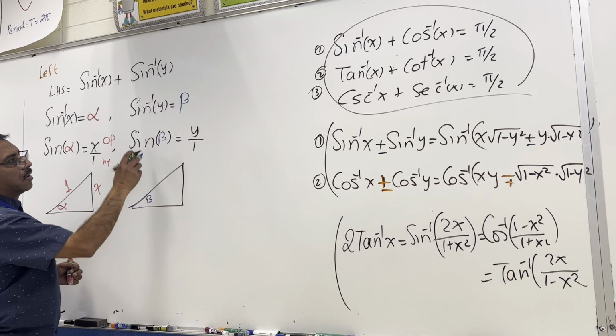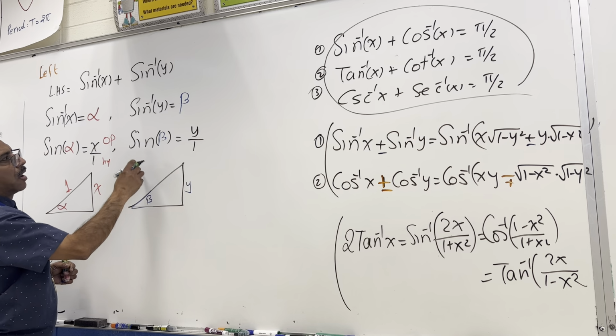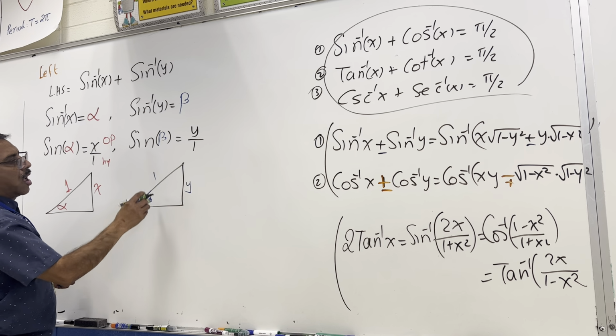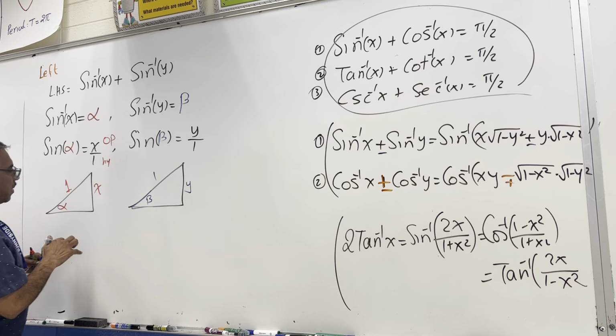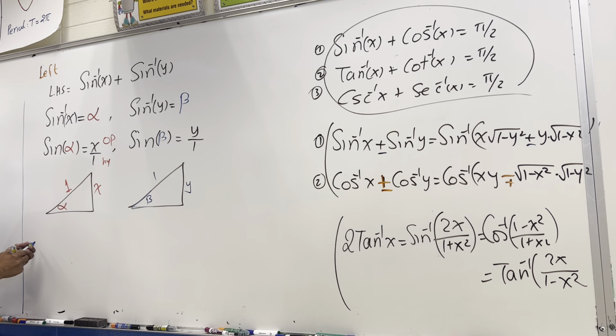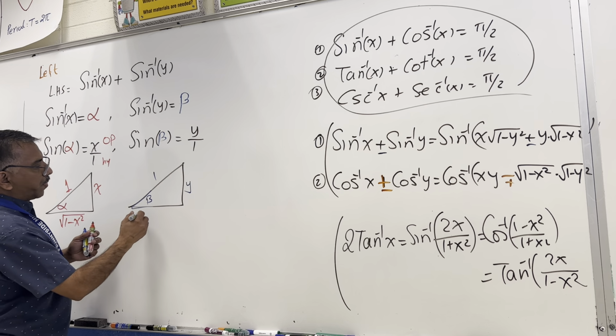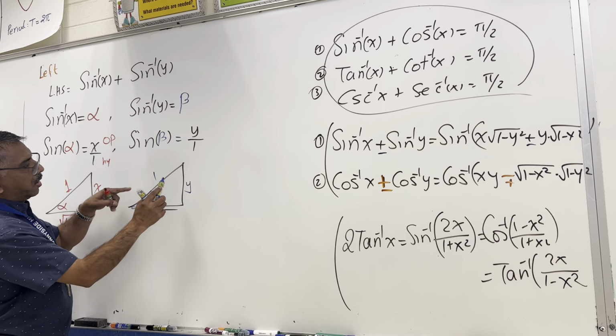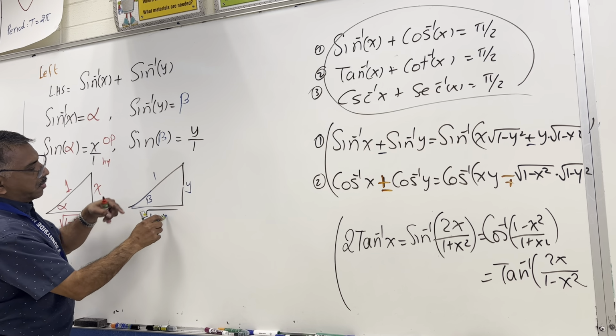For this angle, that's y, and this one is 1. So the question is, how do we find the third side? The third side is always the square root of the hypotenuse squared, which is 1, minus the square. And the same thing here: this will be the square root of 1 minus y squared.